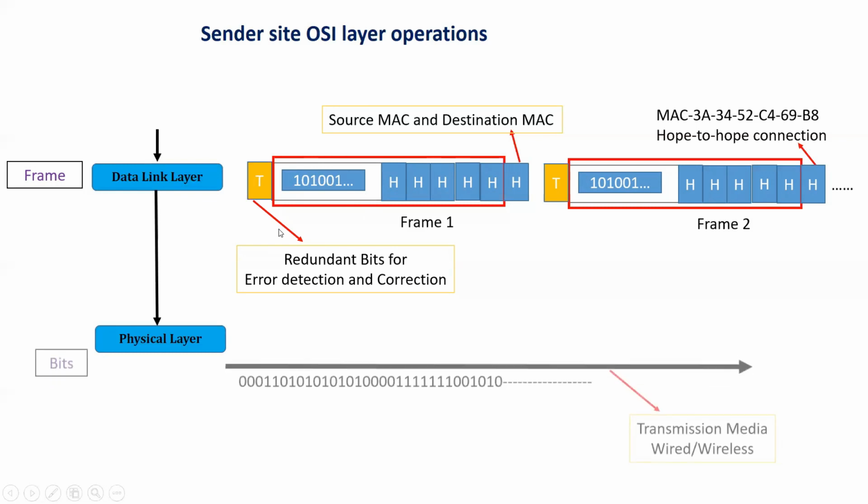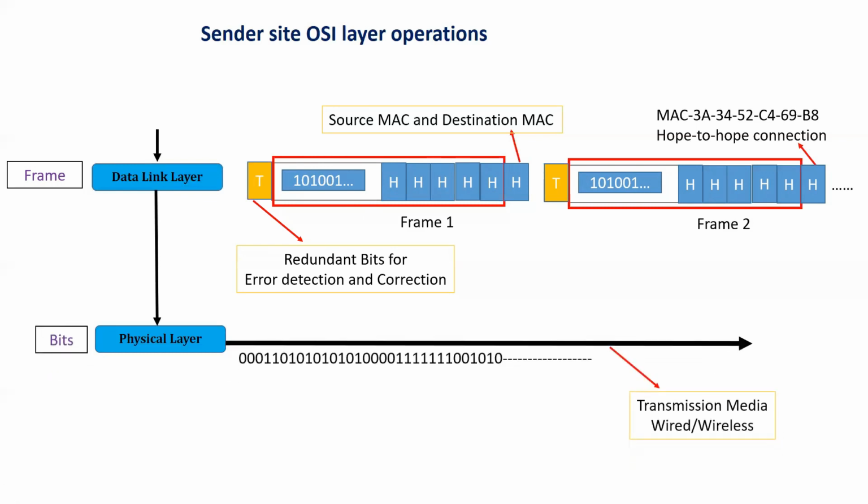The final layer is the physical layer, which represents bits as the data unit. This layer converts bits into corresponding analog or digital signals to transmit through wireless or wired media. This layer actually decides which type of media we are using. That means wired or wireless. If we use wired, then optical fiber or coaxial cable.